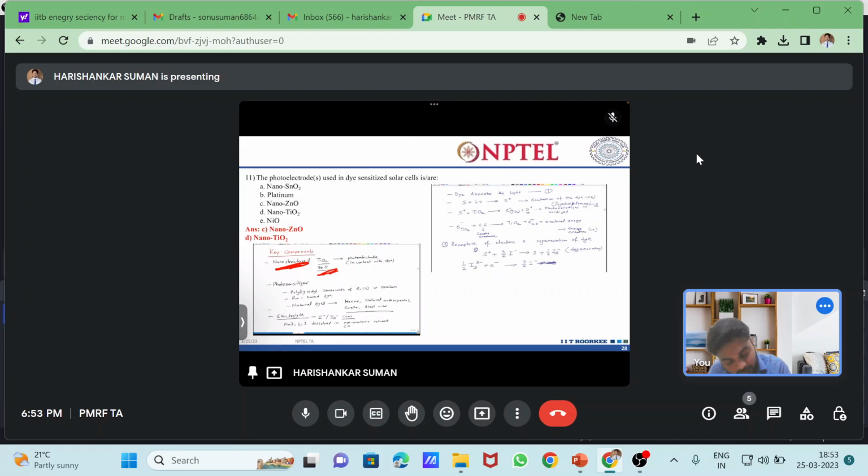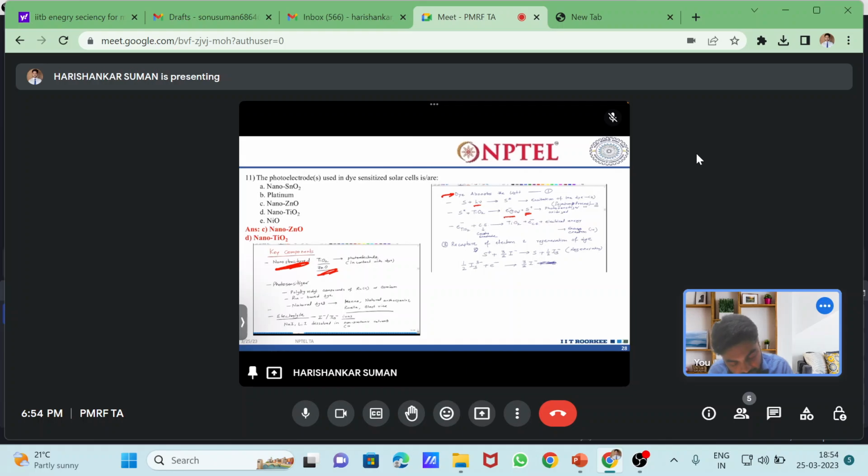Let's see. First it absorbs the light. In the first step, hν is light absorbed and excites the dye, and after the excited dye with TiO2 creates the electron and positive charge with the dye. This step is the injection process.